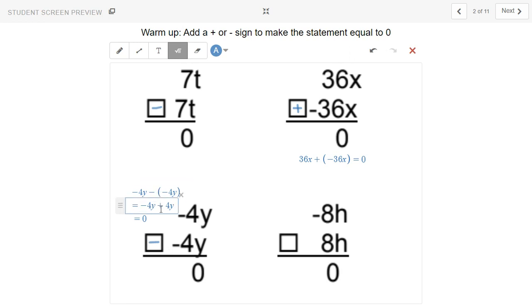So the two negatives became positive, and it gave me a 0. Now this one, negative 8 and positive 8, if we added these, this would equal 0.